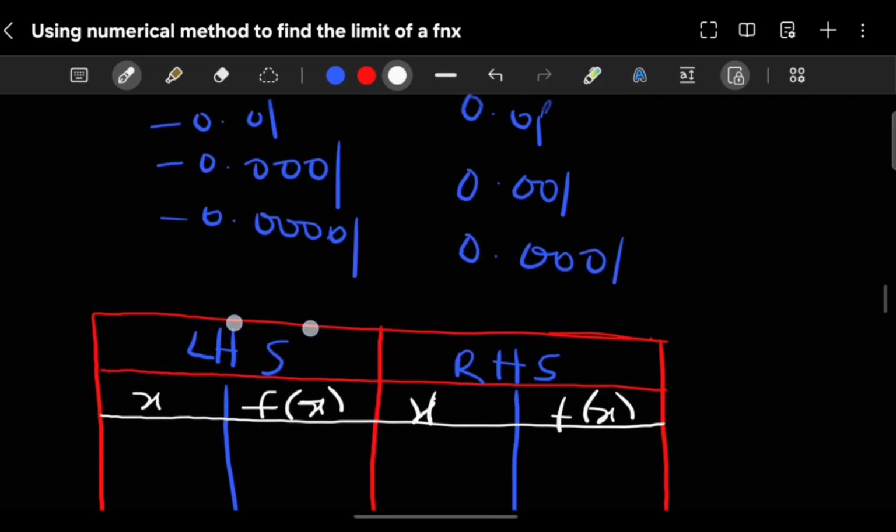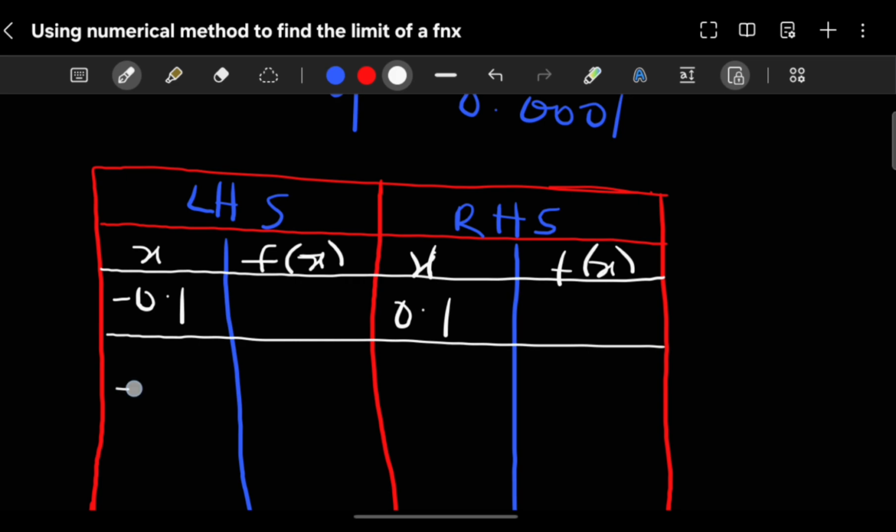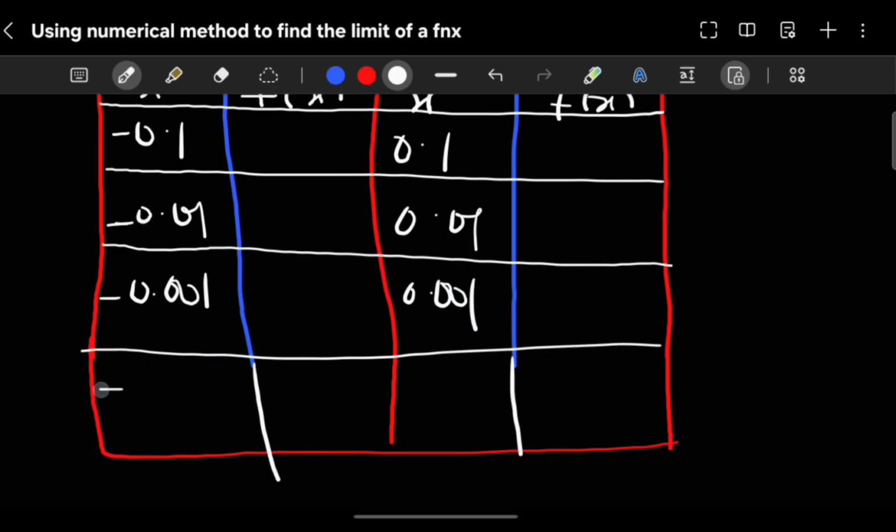Then all that we're going to do is to input the test values. So on the left hand side we have negative 0.1, then here we have 0.1, we have negative 0.01, 0.01, we underline, we have here negative 0.001, 0.001, we continue, we have negative 0.0001, then 0.0001, right?